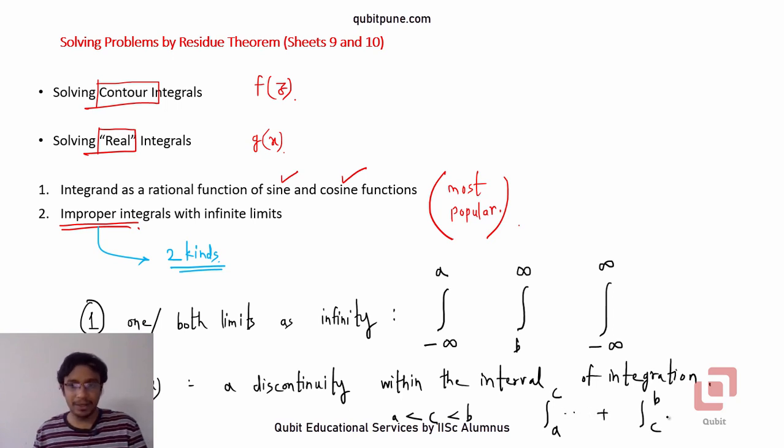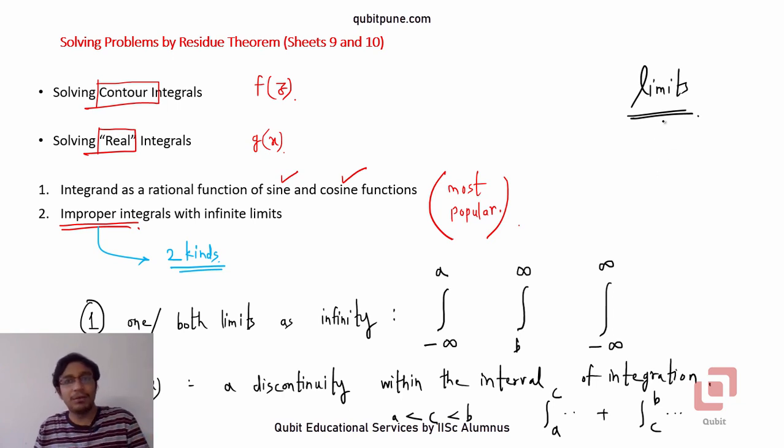Now you may be required to take the help of limits to solve these integrals. Here the word limits is being used in two different meanings. First is limits as in limits on the definite integral, and second is limit of a function.